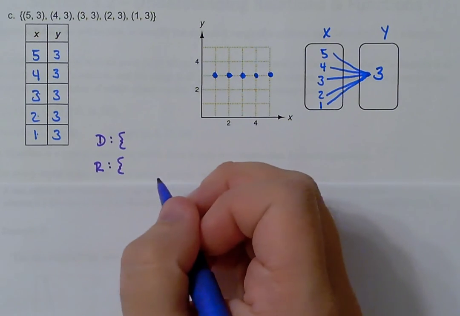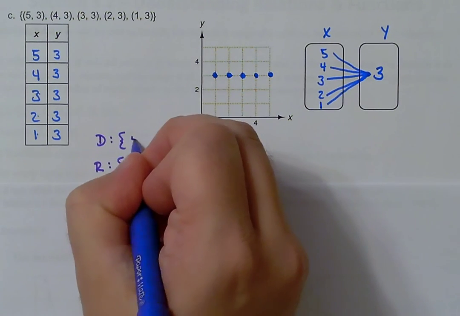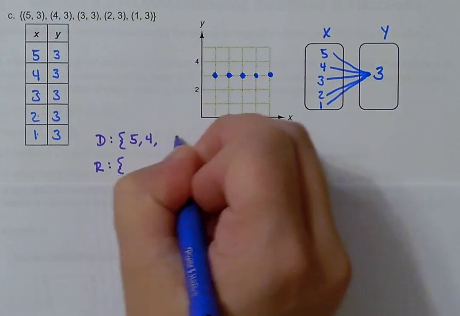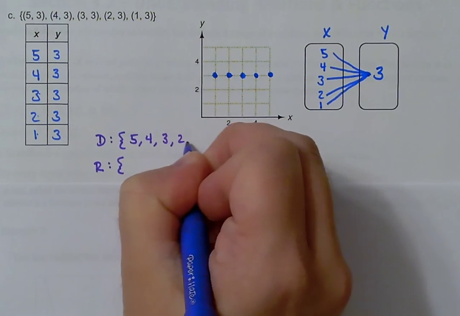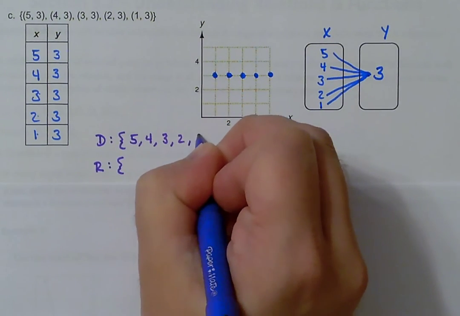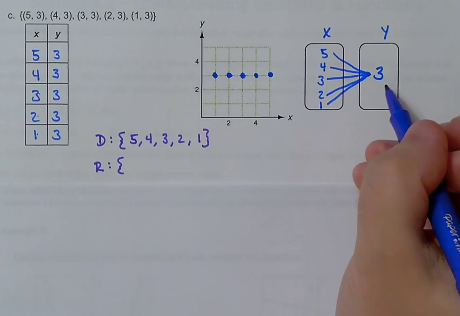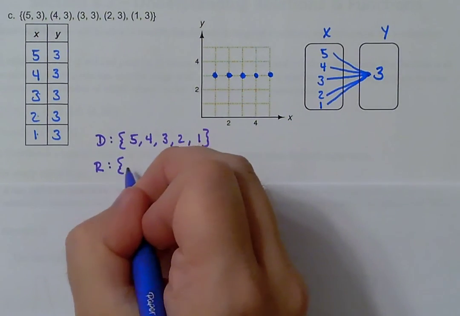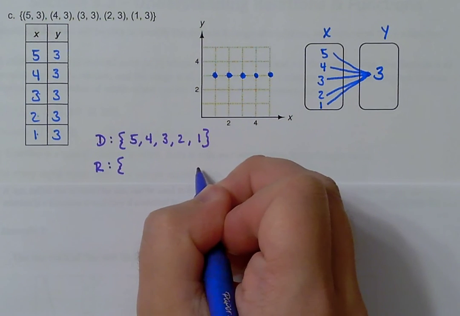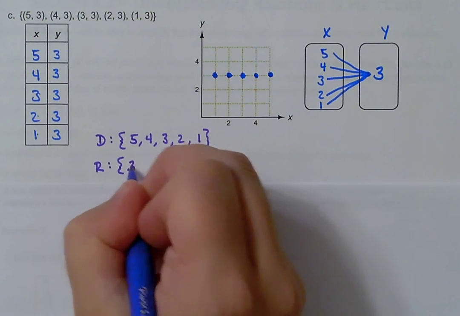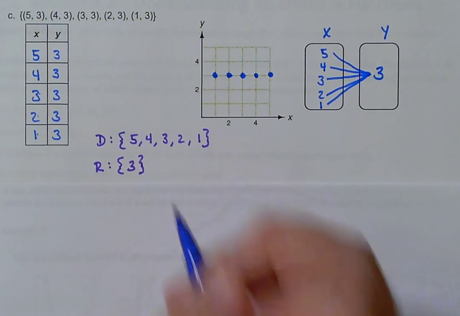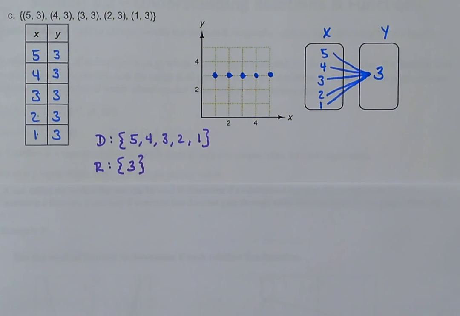If they do that, put them in order. And then our range is our y values. Well, we have 3. I'm not writing 3 five times because that's repeating and we don't repeat. So my range is just 3.